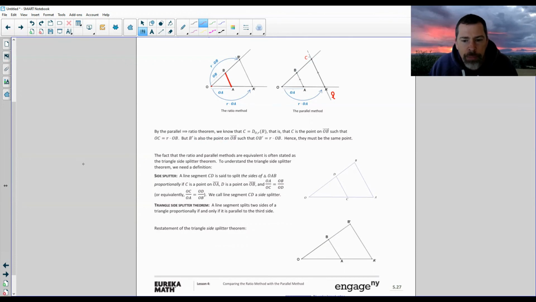Hence, they must be the same point. The fact that the ratio and parallel methods are equivalent is often stated as the triangle side splitter theorem.